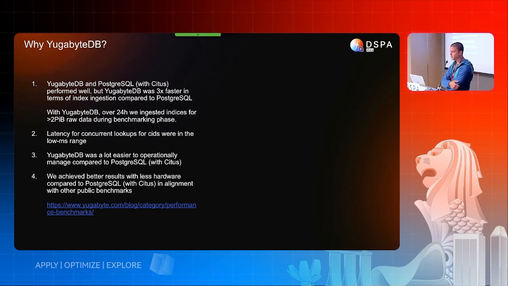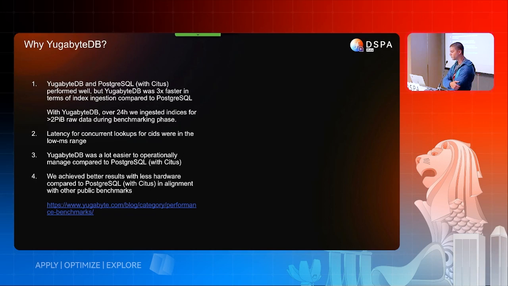And YugabyteDB is very easy to operate in small DevOps teams compared to Postgres. So Postgres has a number of node types, whereas YugabyteDB has a single node type.